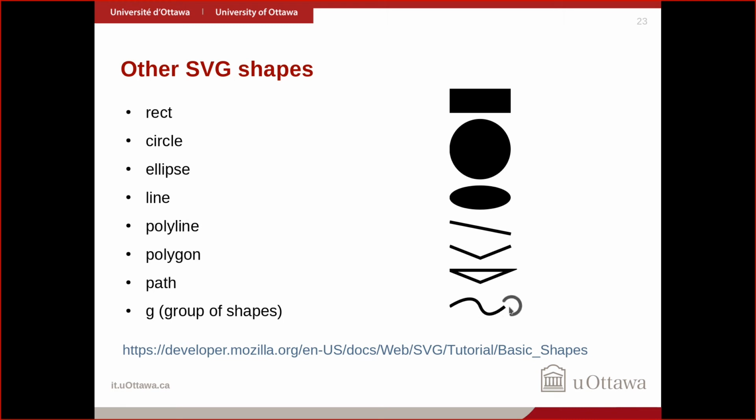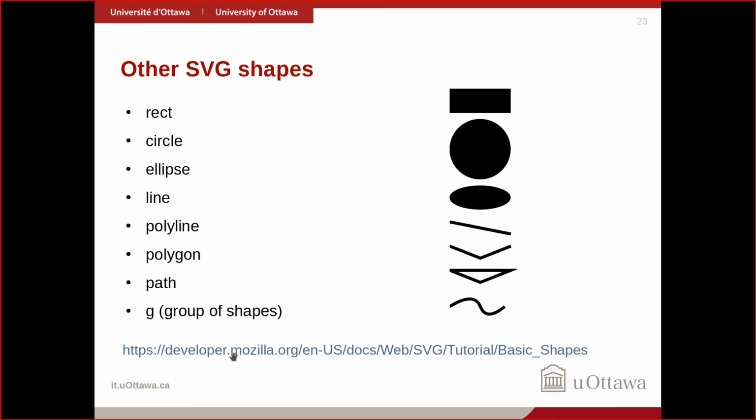Path is actually a language on its own. You put in the points and then you describe at the points how the curve should be. Should it be like a right angle like we have here, or should it be smooth? And then finally there's also G, and G you can use to group shapes together. We won't really use that one, but just for completeness' sake, I put it in here.